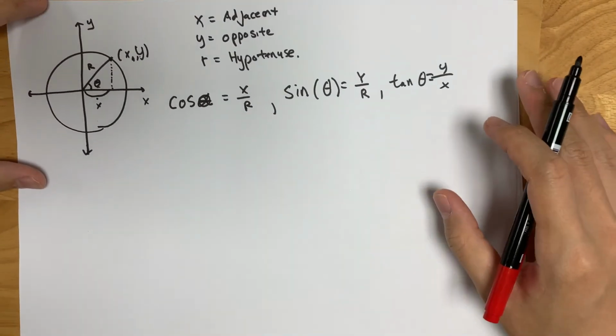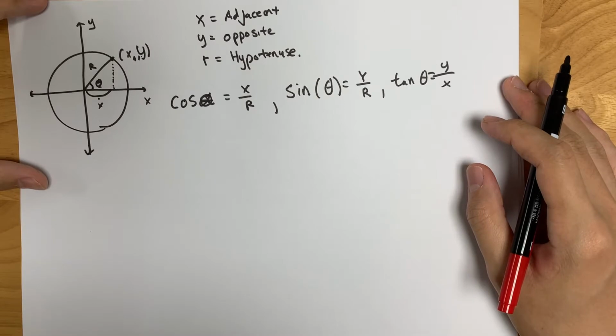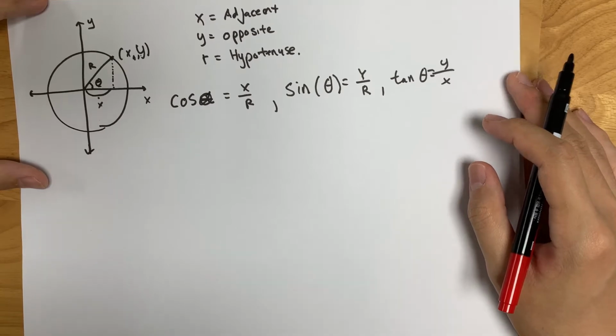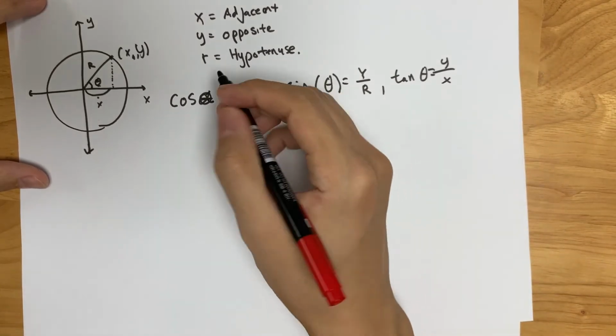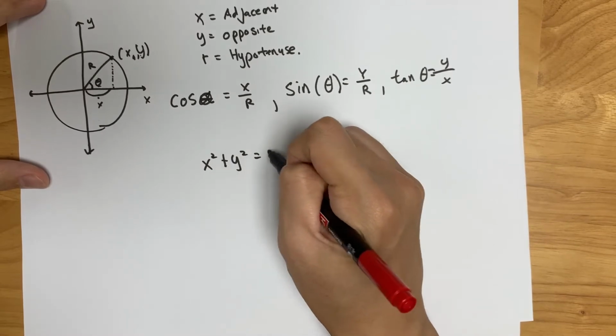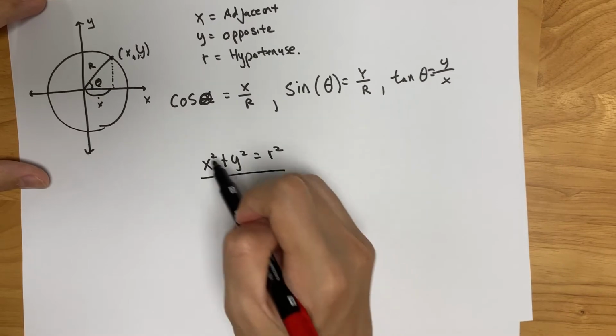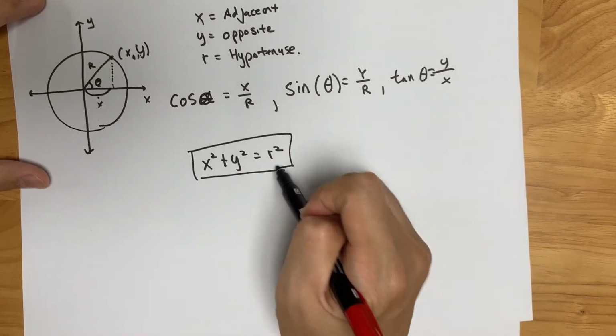And there's a very famous mathematician called Pythagoras, who says that x squared plus y squared equals r squared. I won't prove this. I think Pythagoras already proved this.